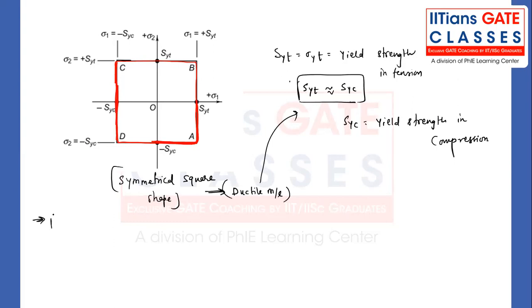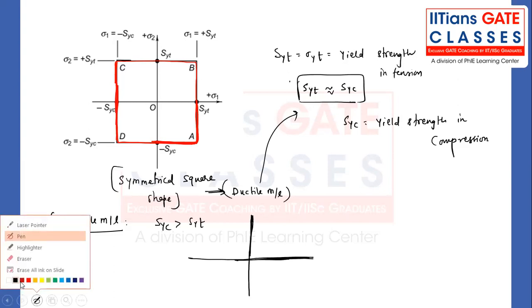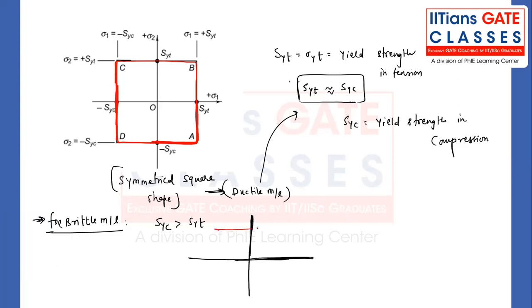But if I say brittle material, where SYC is more than SYT, then the shape will be like this. Try understanding. This will be SYT, this will be SYT, this will be SYC, and this will also be SYC.